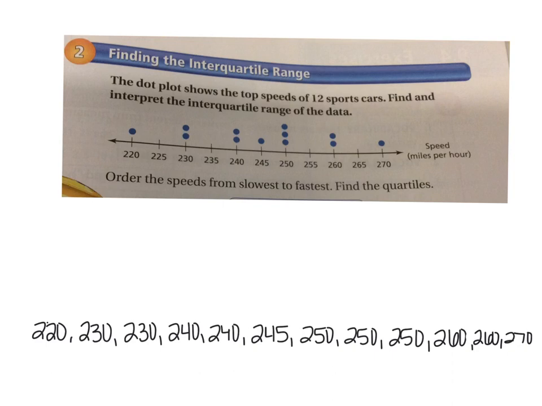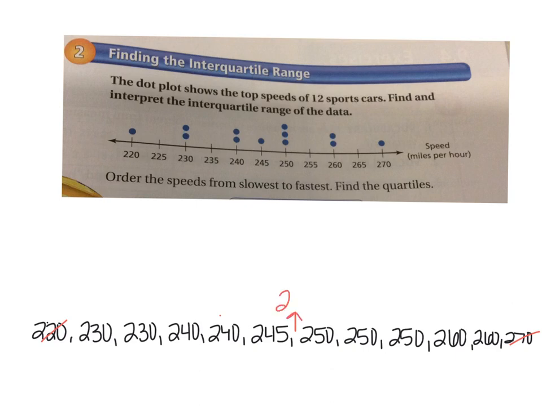So remember, the median's the middle, and I'm going to just take one off the front, take one off the back, take one off the front, take one off the back to find my median. When I do that, I find that 245 and 250 are in the middle because there's an even number of data points in this set. So I have to find the mean of 245 and 250.